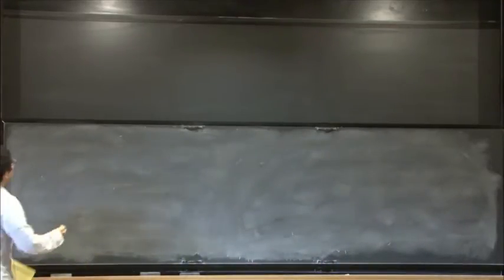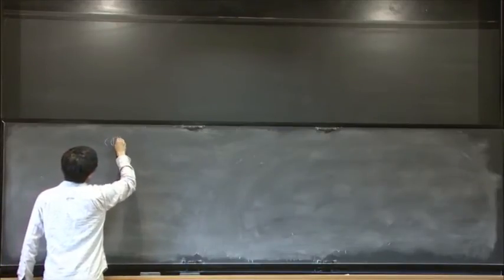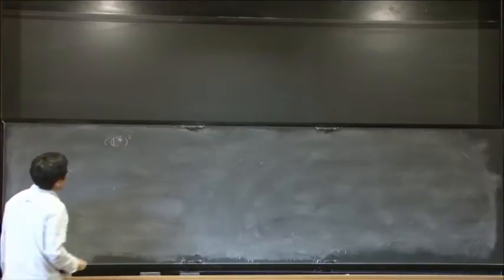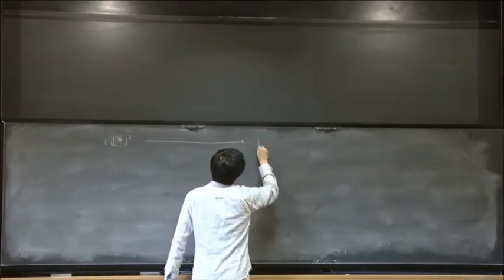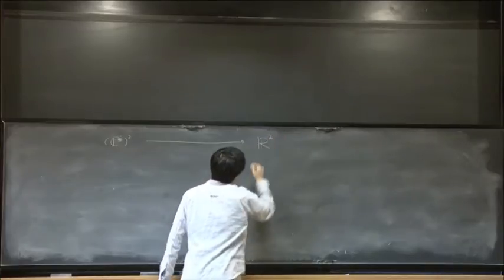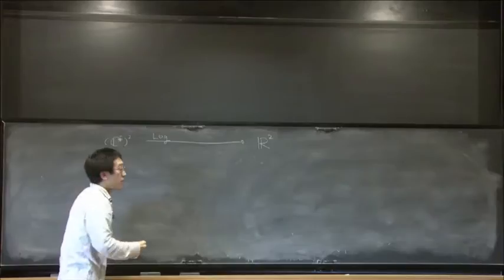So I have here the 2-dimensional torus, C star to the 2. And I have this map to R squared that I write as log.